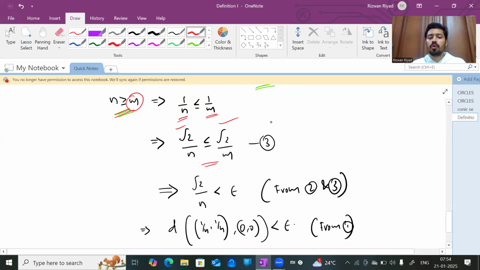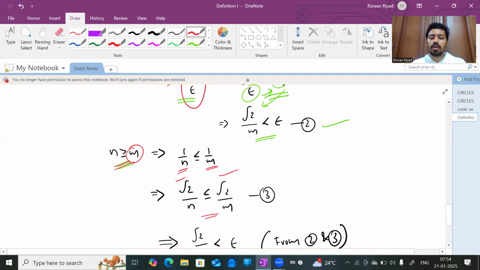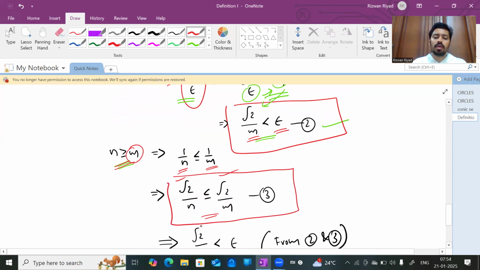Now, we know from inequality number 2, see here, this is inequality number 2. From inequality number 2, we know that root 2 by m is less than epsilon. From inequality number 3, we have root 2 by n lesser than or equal to root 2 by m.